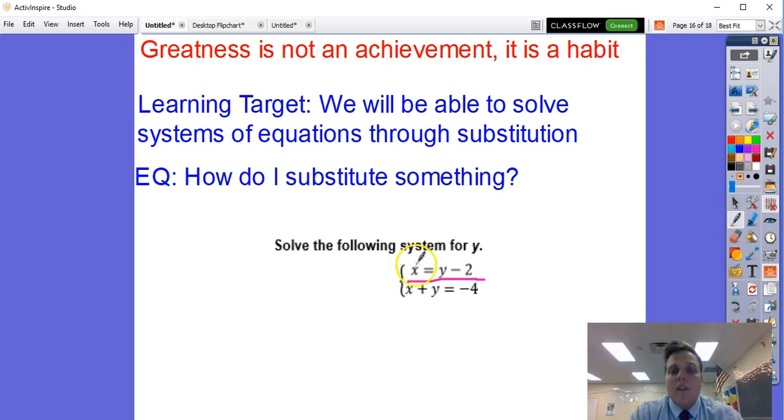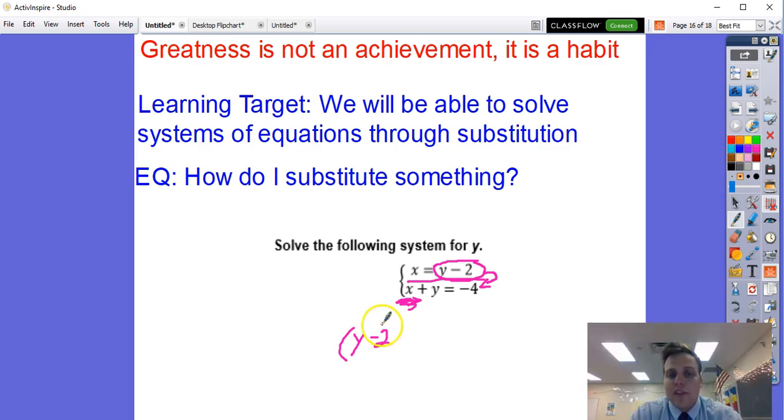Since I know that x equals y minus 2, then anywhere I have an x, I can substitute in y minus 2. So now look at my second equation right here. x plus y equals negative 4. Well, I know that x is equal to y minus 2, so I can replace this x right here with y minus 2.